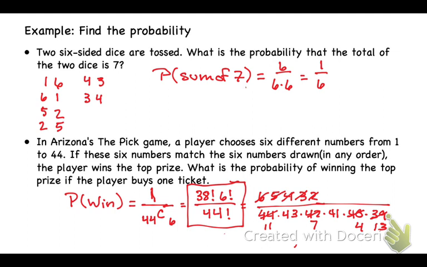Okay, so you can put in there 1 divided by, and then go to math, probability. Oh, you guys have to do something different. You go to math, probability. Okay, 1 divided by, and then for 44, go math, probability, and go down to choose.